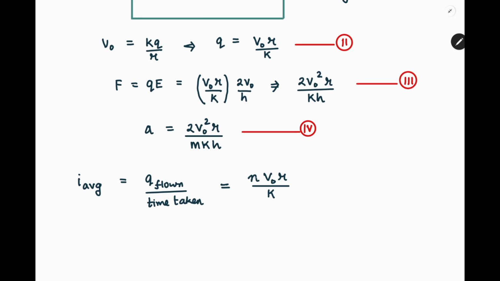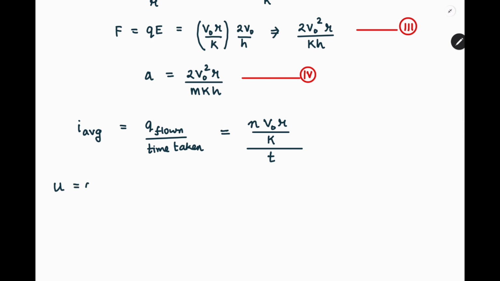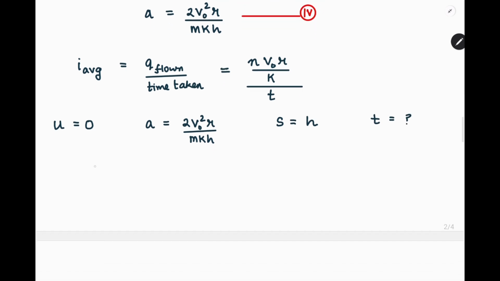And now we have the time taken parameter, so we are looking for the time taken. It starts from initial velocity 0, because after striking the plate it acquires velocity 0, gets charged and then moves towards the other plate. The acceleration value is 2 V naught square R by MKH, and the displacement between the two plates is equal to h, and we are looking for the time t.